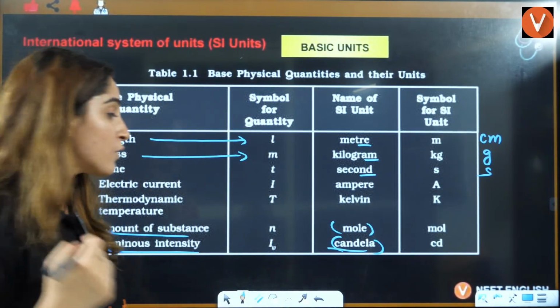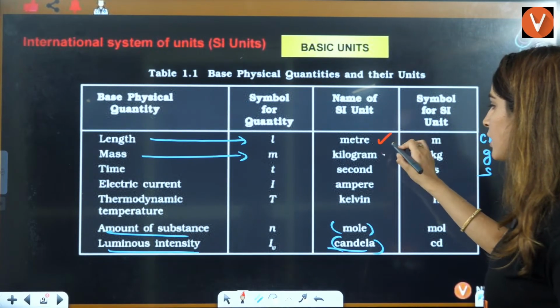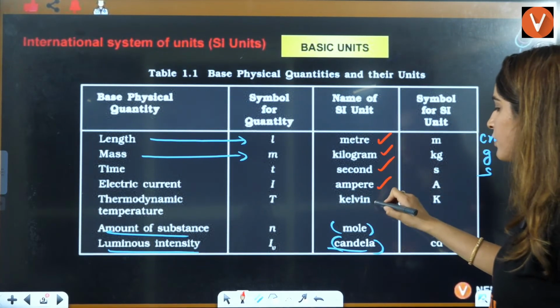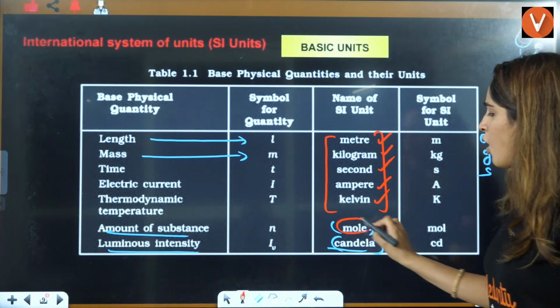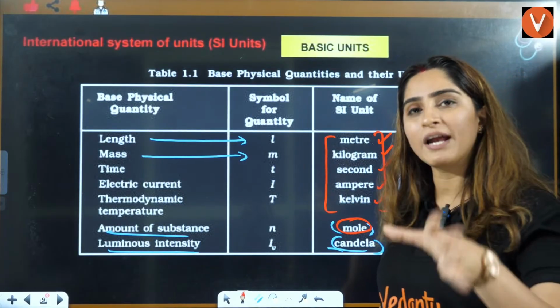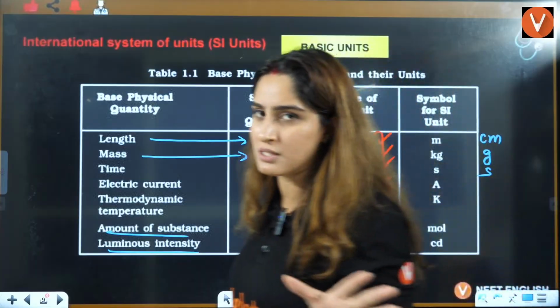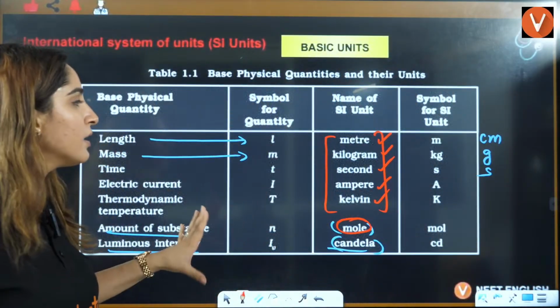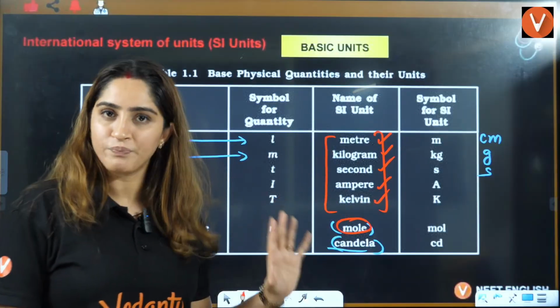Now, in chemistry, what are the useful units for you? Students will use meter, kilograms, seconds, ampere, and temperature. These are the most used. Mole we will have a different chapter on. And candela you will not use in chemistry, but it is written here, so that's why I'm telling you this. So this you have to know.